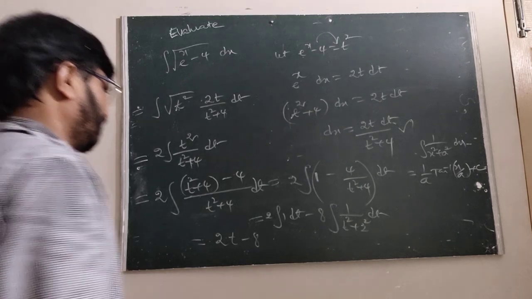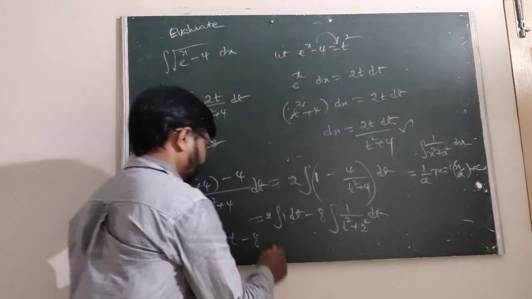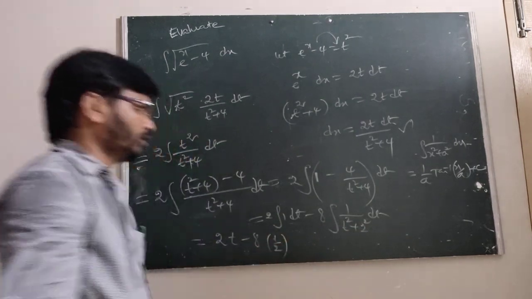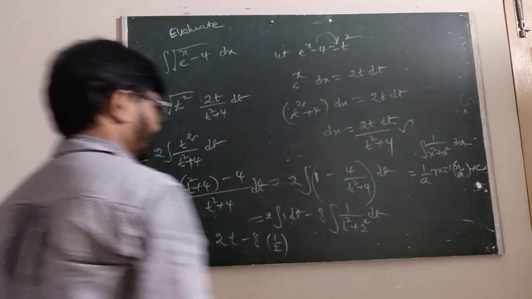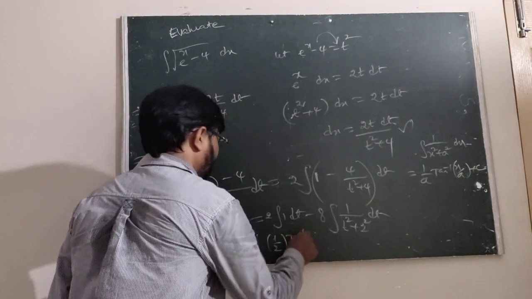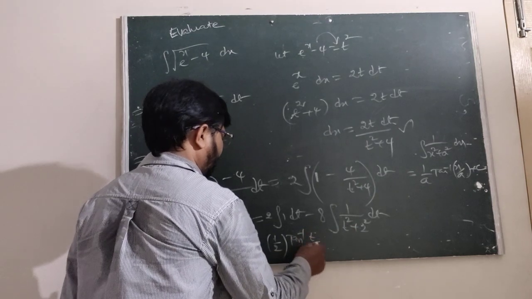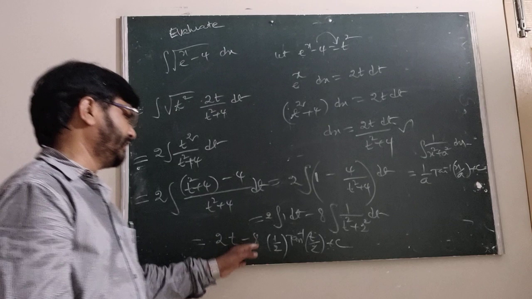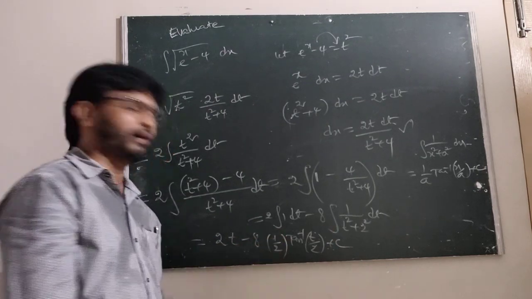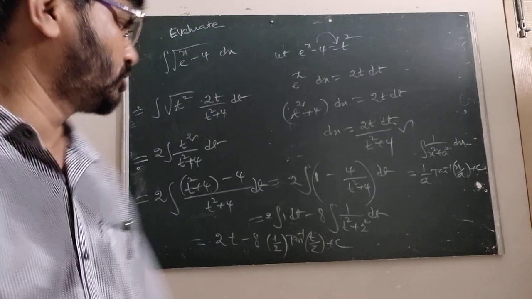Now we can write minus 8 into 1 by a, that is 1 by 2, tan inverse of x by a, where x is t and a is 2, so tan inverse of t by 2 plus c. So 8 into 1 by a is 1 by 2 tan inverse of x by a.